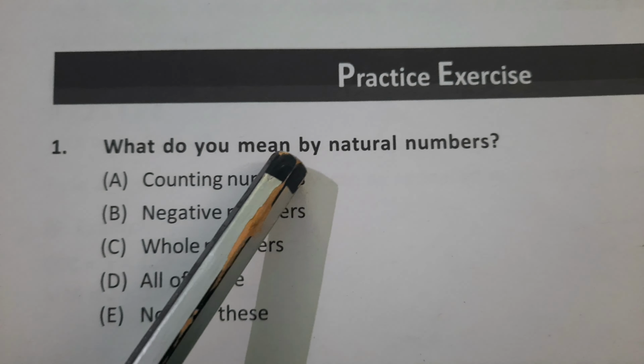Next, name the period which is just right of the period Arab in the Indian place value chart. Obviously option C will be the correct option, because here it is crores, right? In the Indian place value chart, which one of the following periods has been split into 3 places? Option A is the correct option.